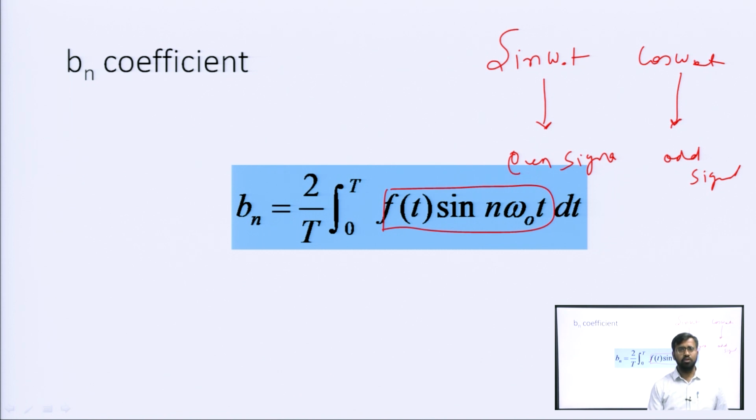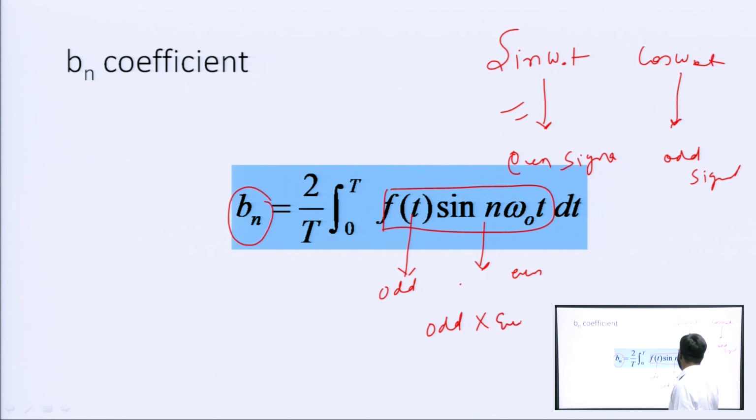Okay. So, why am I saying this? Because sometimes it will be easy for us if we are required to find the value of b n. If there is sine, which is a odd signal, and if we get any function f(t) which is odd, then an odd signal into an odd signal gives us what? An even signal, or an odd signal into an even signal gives an odd signal, and we know that an odd signal is symmetric about the origin.